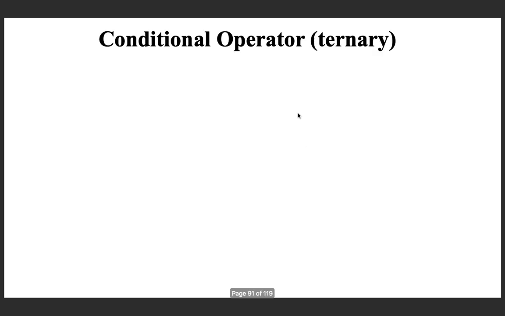Okay, now we are moving on to a different kind of operator, which is called the conditional operator. It's a ternary operator. Ternary means three operands are there. This is a conditional expression, and the operands are: this is the first one, which is a relational expression, then this is the second one, and this is the third one.